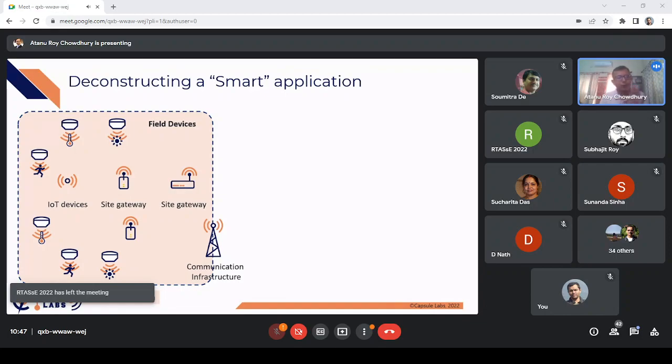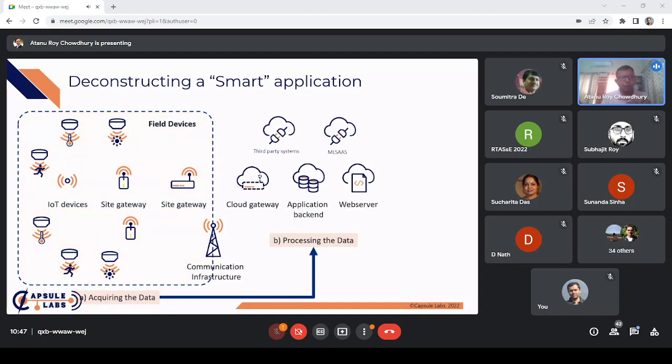The second part, of course, is once you have acquired the data, what do you do? You process the data, right? How do you process the data? One of the key things is there is a fundamental shift in the way you think about IoT-based systems, unlike the traditional internet. In the traditional internet, there is a client-server architecture, which means that the server serves, the client consumes.